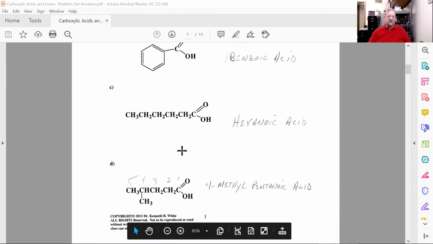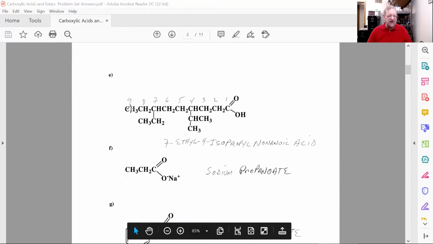Now, when there's an alkyl group, let's look at E, the carbonyl carbon, just like in an aldehyde, is number 1. So how many carbons? 9. Nonane, nonanoic acid, drop the E, add OIC, add the word acid, and there's an isopropyl group on carbon 4 and an ethyl group on carbon 7.